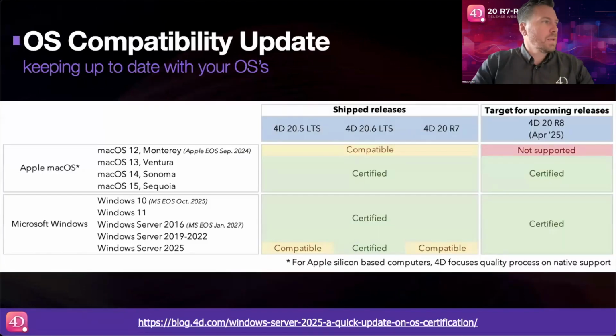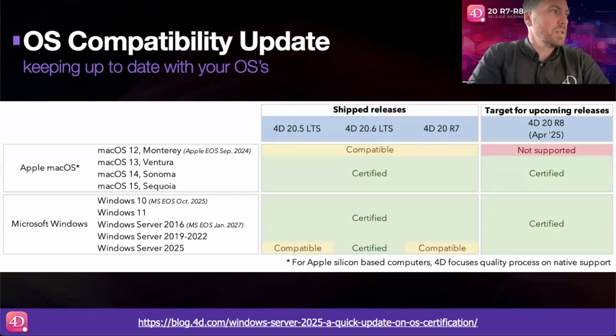And from the blog, here is a more detailed view of the compatibility of 20R7 and R8. As you can see, 20R8 is no longer supported on macOS Monterey, which coincides with Apple's end of support for Monterey.